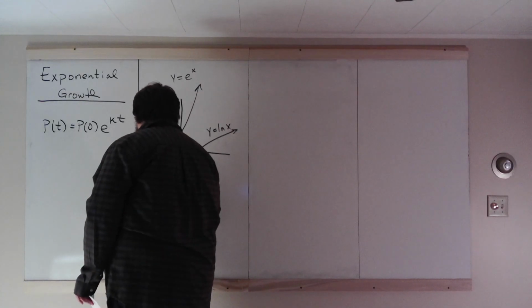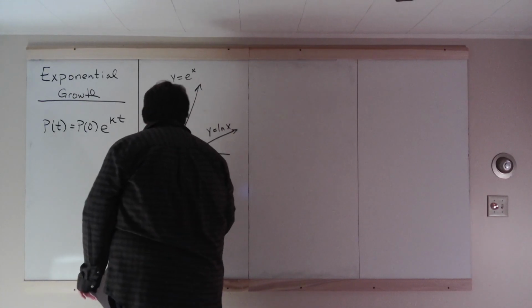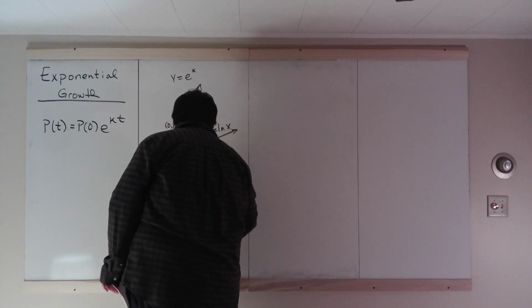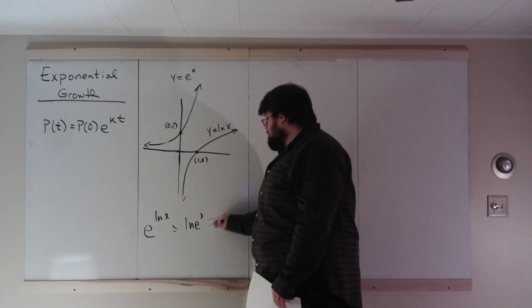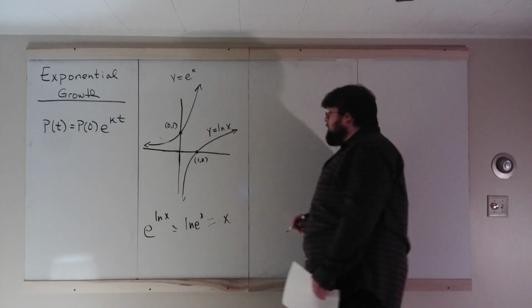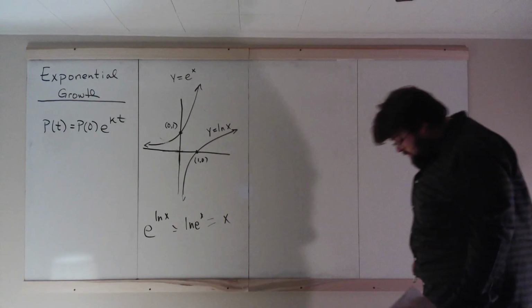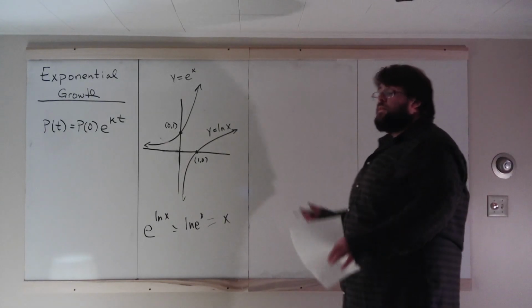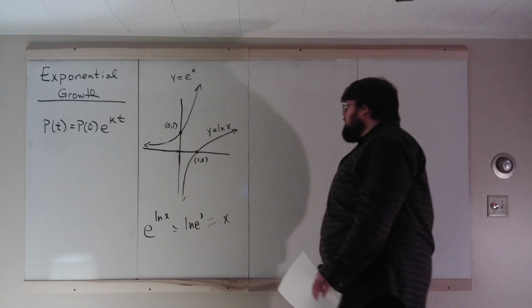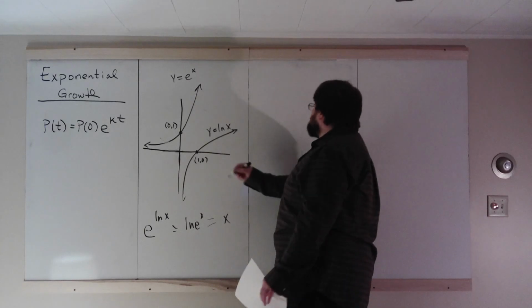So these functions are what's known as inverses of each other. And that just means if you take one as the input for the other, they'll kind of cancel and you'll be left with x. I just stepped on the microphone. We'll see where this inverse property comes into play. Or maybe I'll just tell you now as a preview.